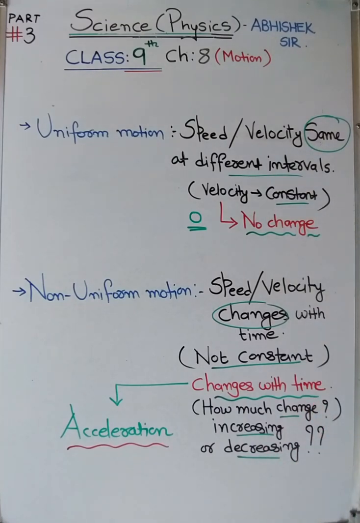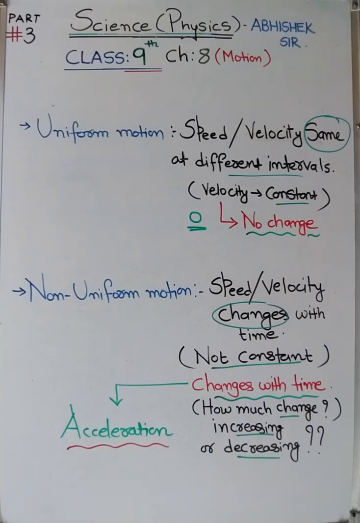Whenever you drive a vehicle, you have the accelerator in your vehicle, right? So what does the accelerator do? It increases or decreases your velocity. Suppose you started the vehicle, and your velocity is 0, now you want to move. So what do you do? You give accelerator. That accelerator will increase your speed or velocity. Suppose you are traveling at some speed, and now your home is near.